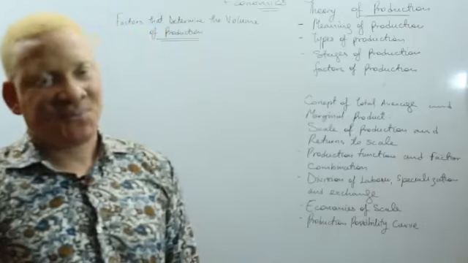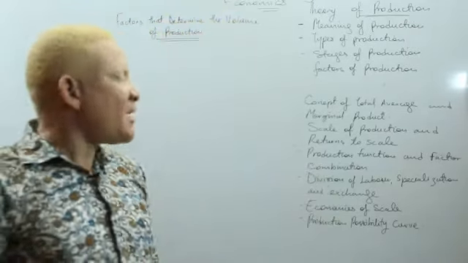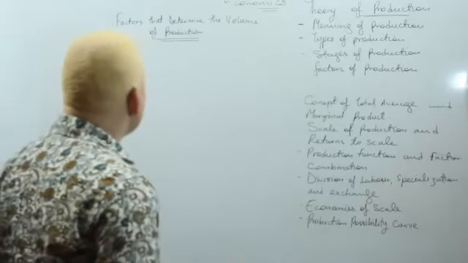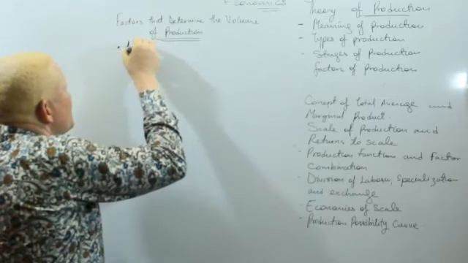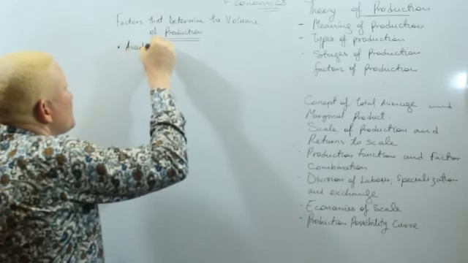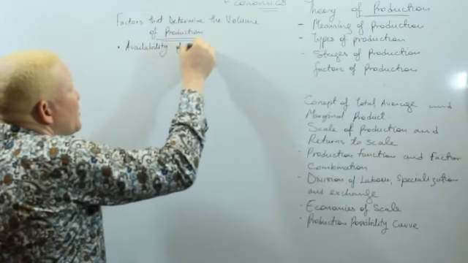First of all, the thing that would actually make volume of production high is availability of raw materials.